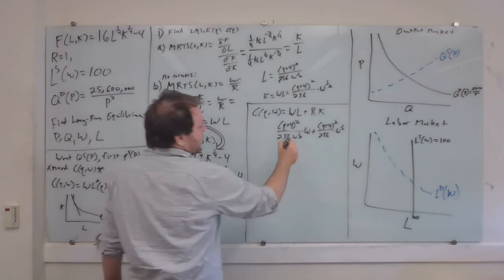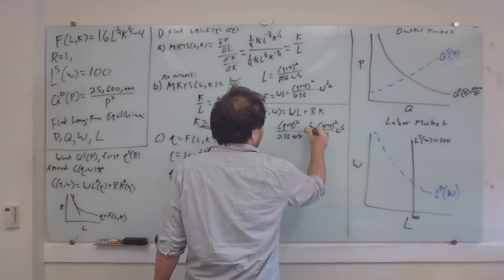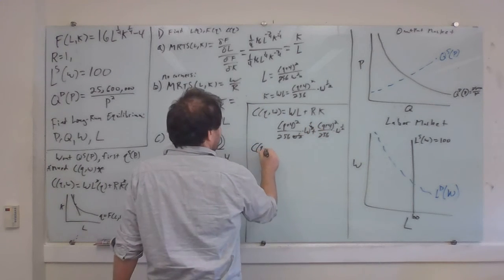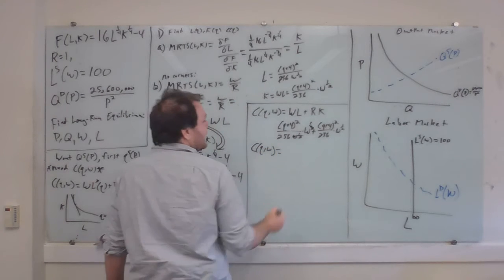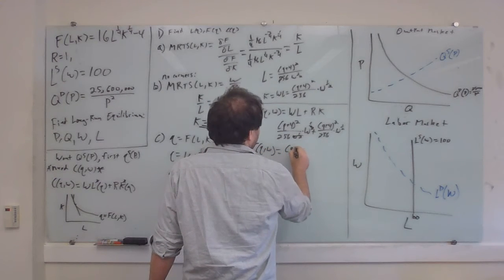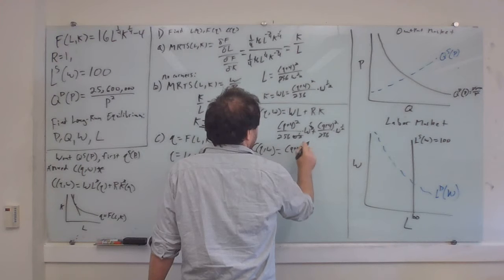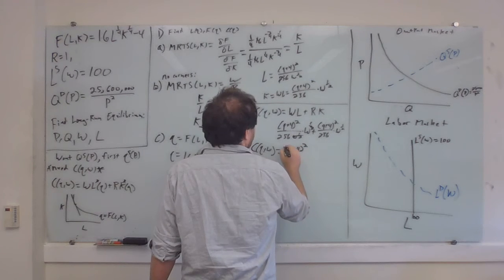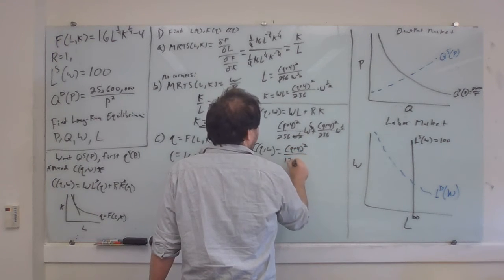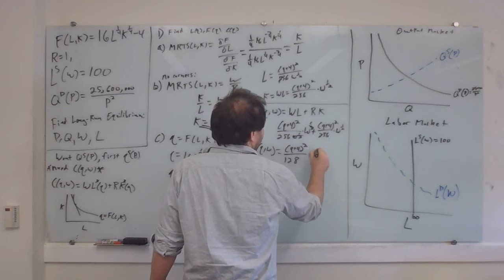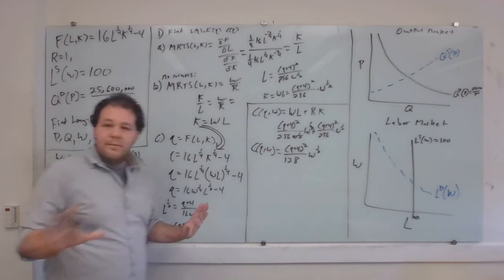Right? So of course this is going to be just times W to the 1/2. So we'll end up with a C of Q and W given by Q plus 4 squared times 2, right? So over 128 times W to the 1/2. Make sense?